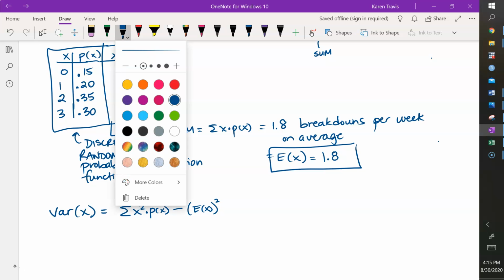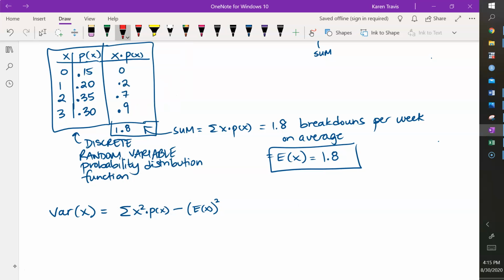So I'll change colors here for a minute so we can keep track that this is what I'm going to compute right now. I'm going to compute x squared times p of x. So notice the probability is not squared, but the x is squared. So 0 squared is 0. 1 squared is still 1.